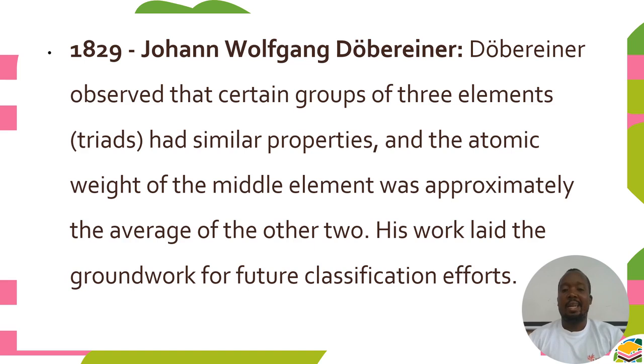So his work laid the groundwork for future classification efforts. So he observed the triads, the three elements, and he observed that these triads had similar properties. So he paved the way for more discoveries on the periodic table.